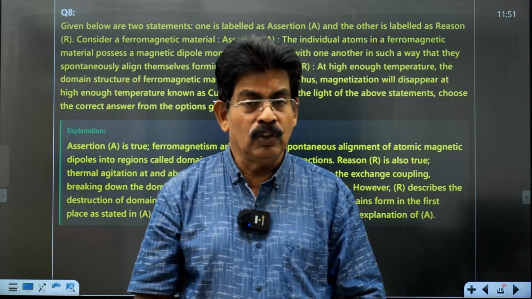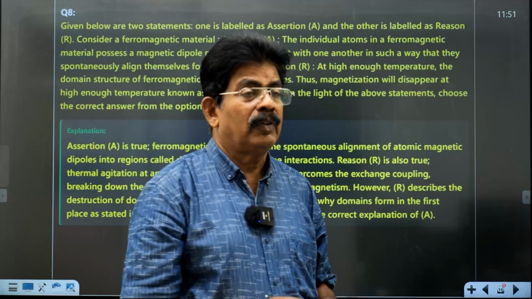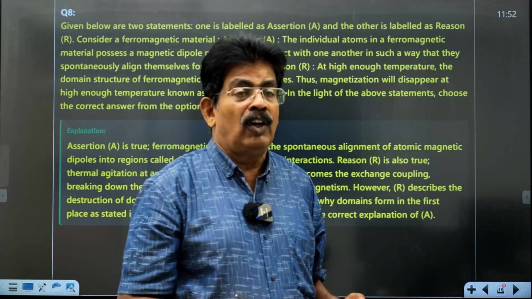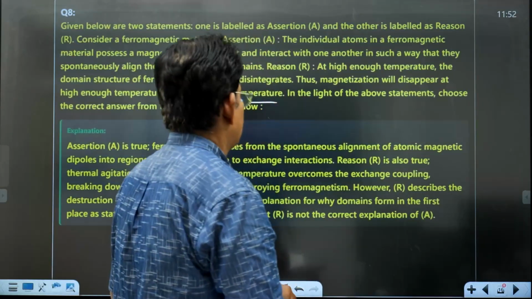Okay. So, from that point of view, at higher temperature, preferably above the Curie temperature, the ferromagnetic feature will be lost. They lose the domain feature. So that statement is also correct.